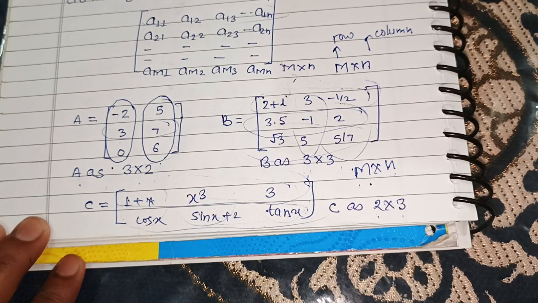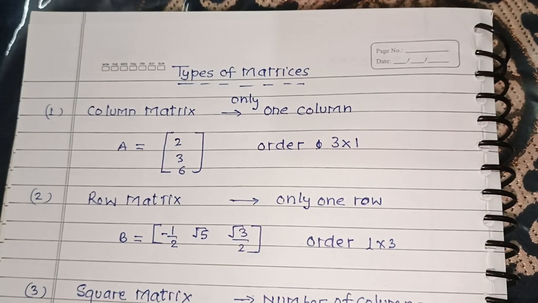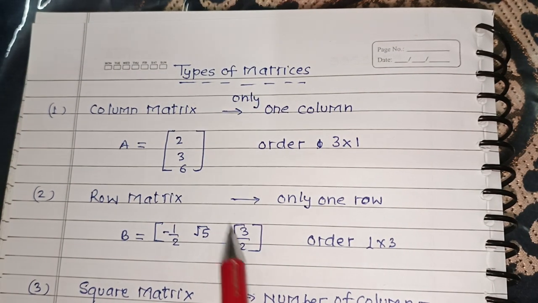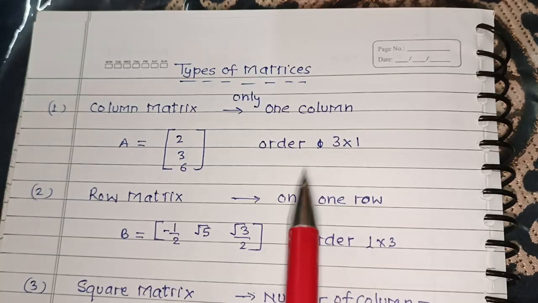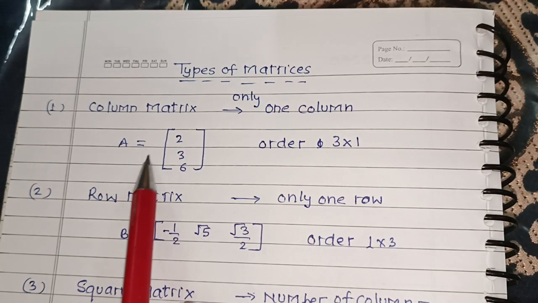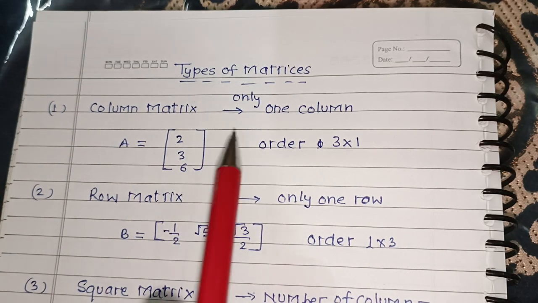Let's discuss types of matrix. These are types of matrix. The first is column matrix. This is the first, column matrix, with only one column.